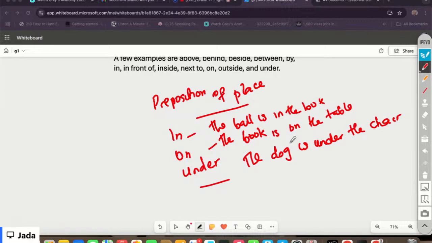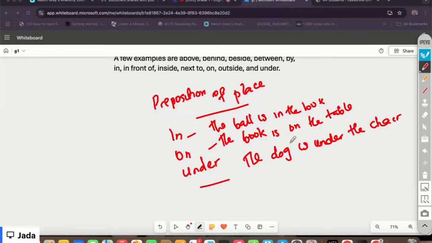So now I want you all on the chat, can you look around you, in your bedroom, your living room? Can you tell me some things that are in, on, or under something? For example, if you have a plate and it's under the table, you can tell me.